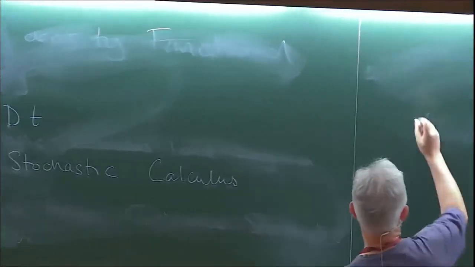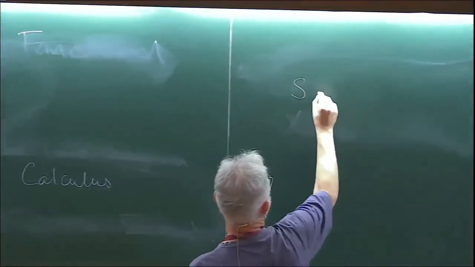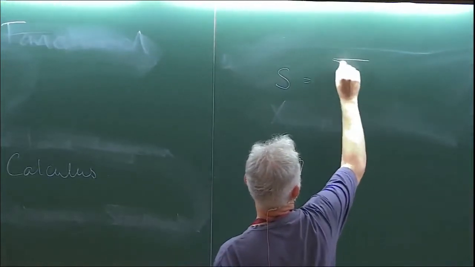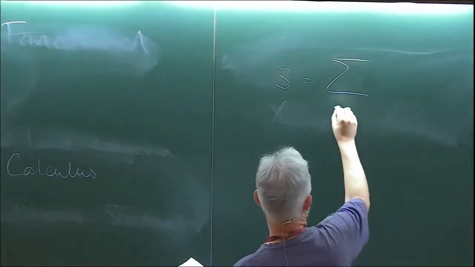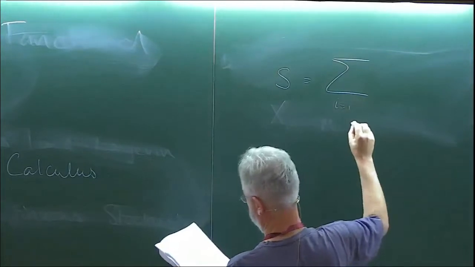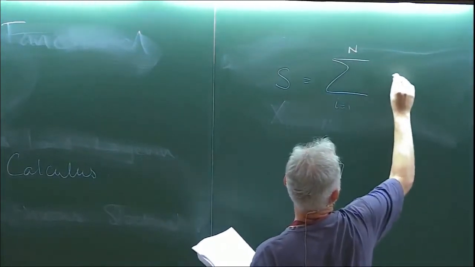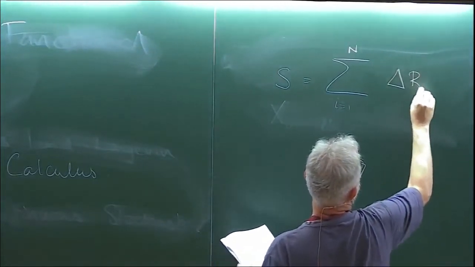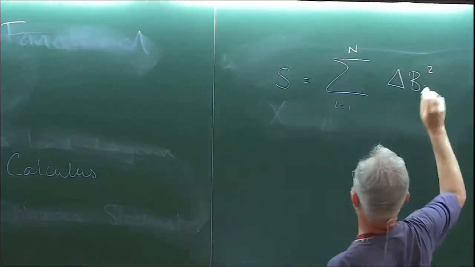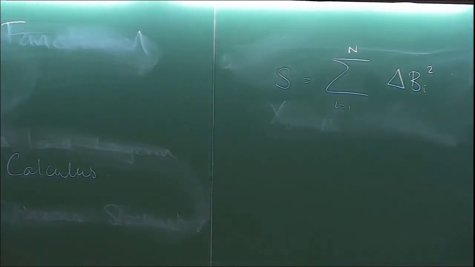So let me look at S, which is equal to the sum from i equals 1 up to n of delta b_i squared.